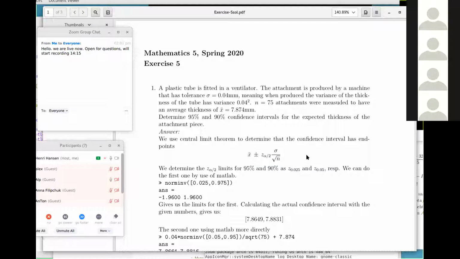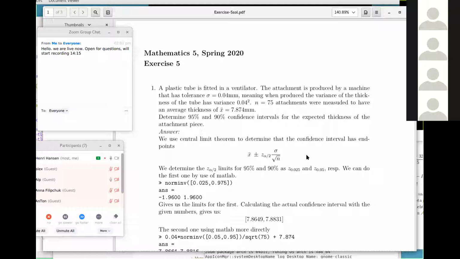And this random variable, which now is really an interval, is such that 95% of the time that interval falls in such a way that the actual expected value is within those limits. So there's only a 5% chance that this interval is such that the actual expected value is outside the interval.